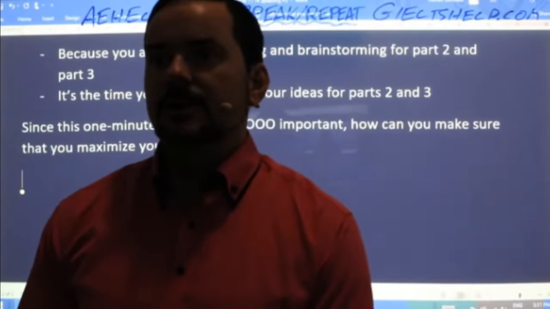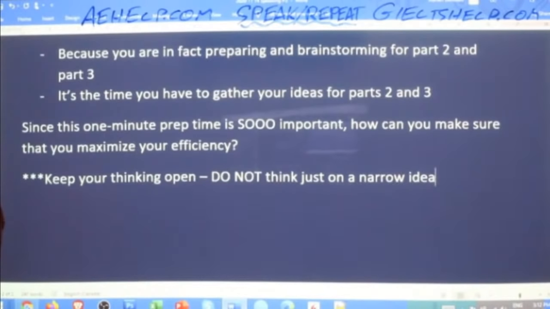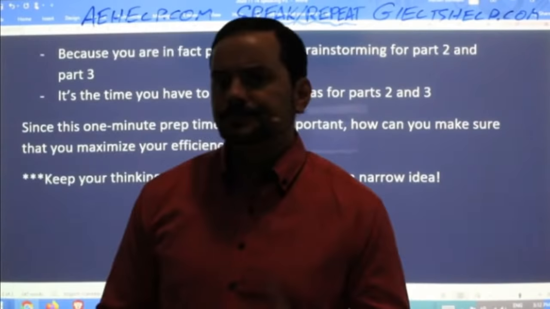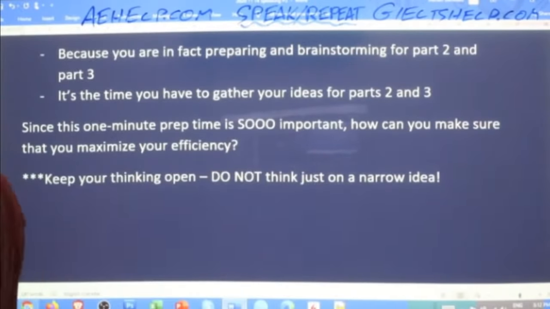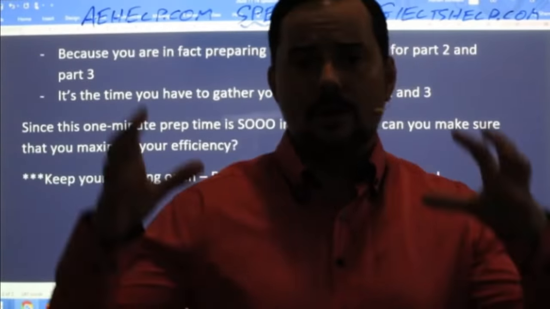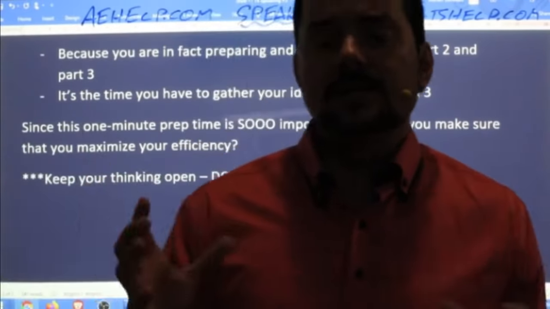So I'll give you some tips here. Keep your thinking open. Do not think just on a narrow idea. It's one of the common mistakes that I see in the speaking. Oftentimes, speakers get one idea in their head, and then they only talk about their one idea, like their mobile phone.